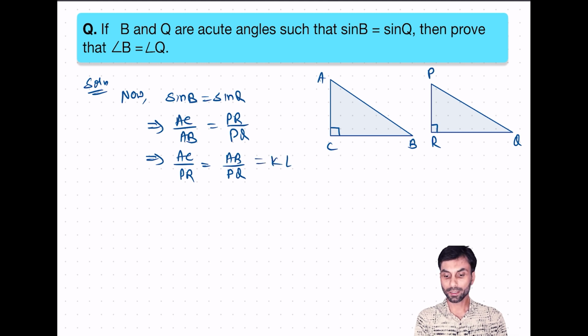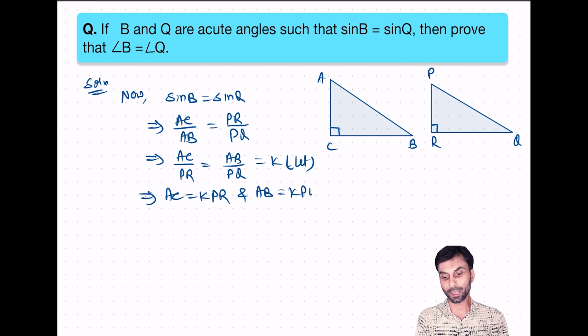Let it be K, which implies we can write AC equals K PR and AB equals K PQ.